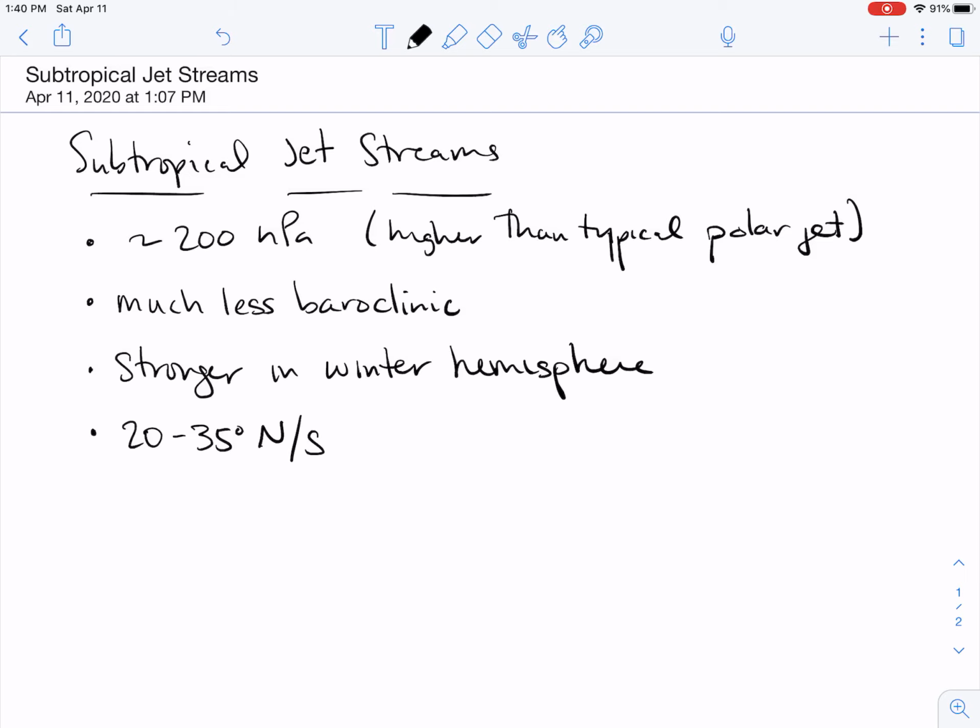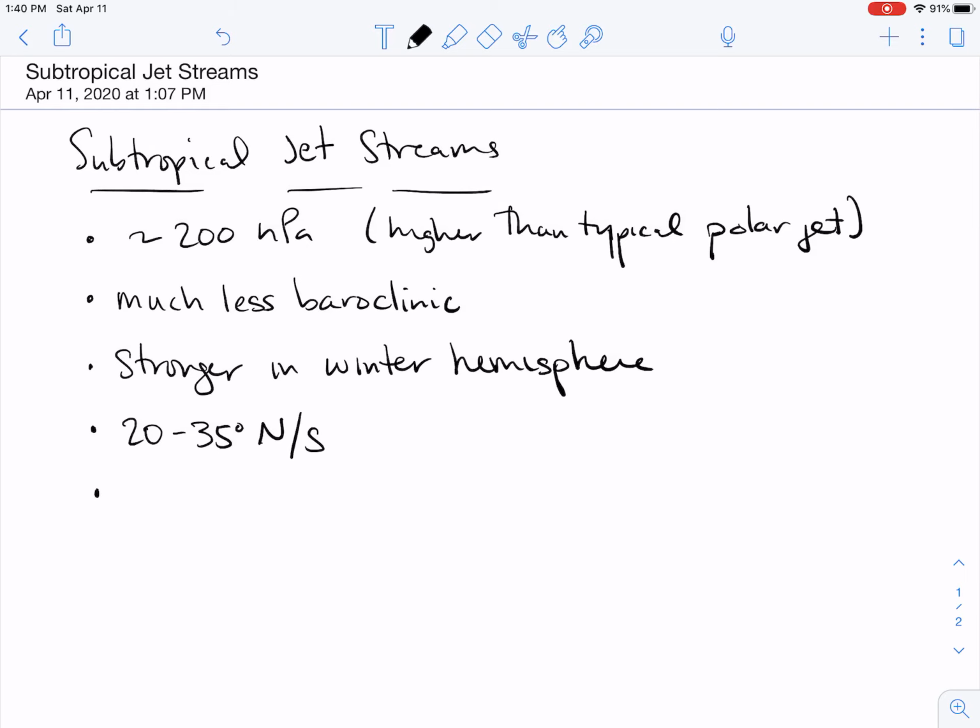The subtropical jet stream is really hard to identify on our classic upper level patterns. That's because this idea of the subtropical jet stream is a nearly constant flow continuously around the globe between 20 and 35 degrees north.